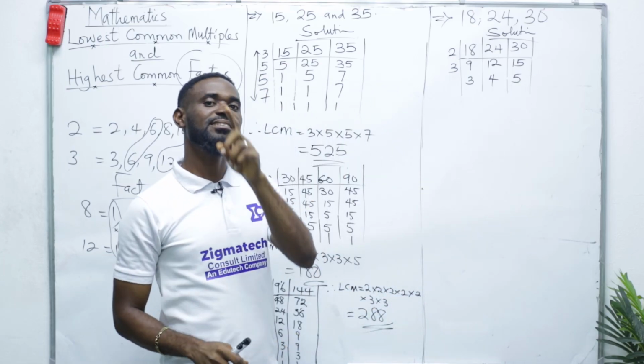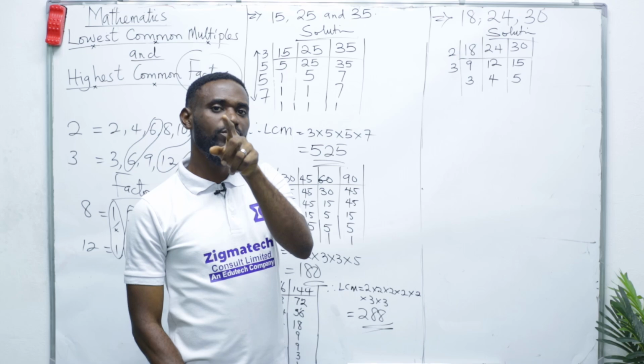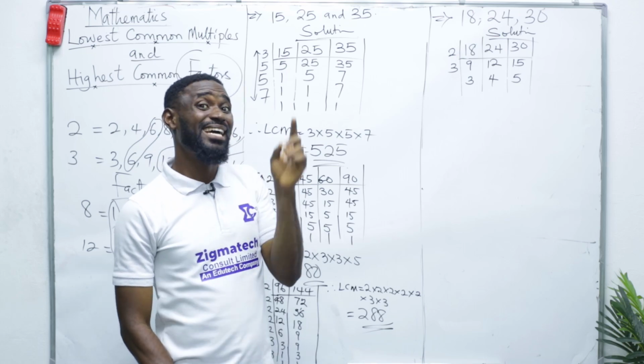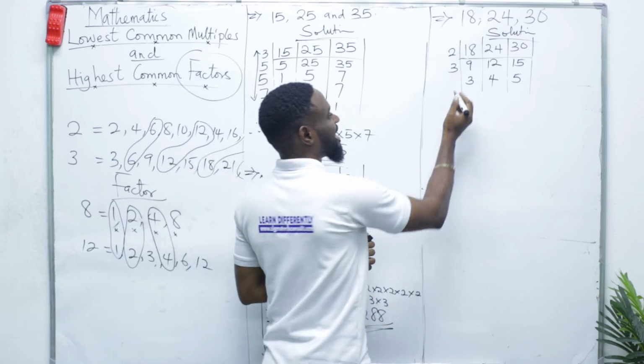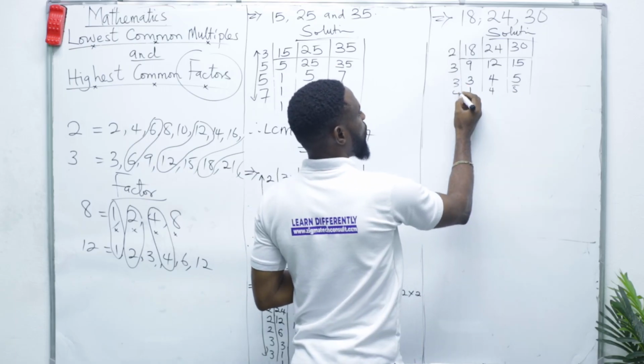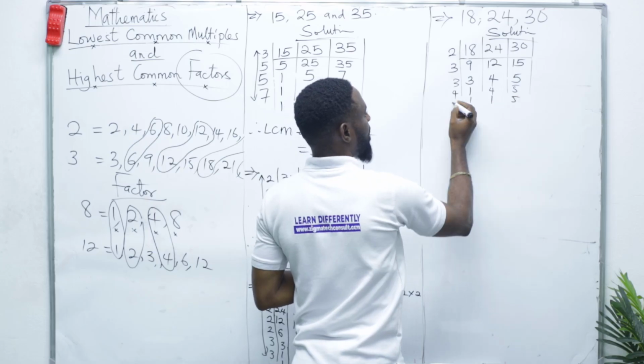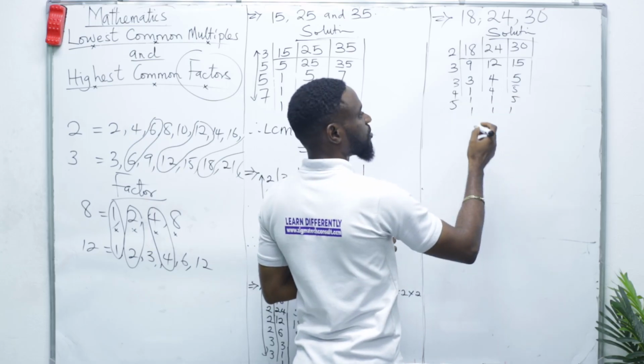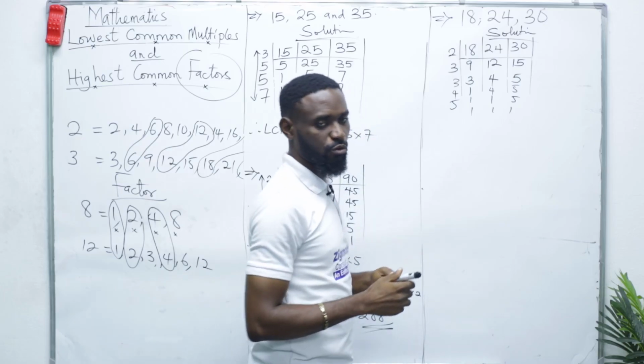Remember, in LCM, what we would have done, if we were doing LCM, we say 3 to make 1, then here 4 and 5. We now have 4, 1, 1, 5, I will now have 5. No, this is not LCM. So we are not going to do that.